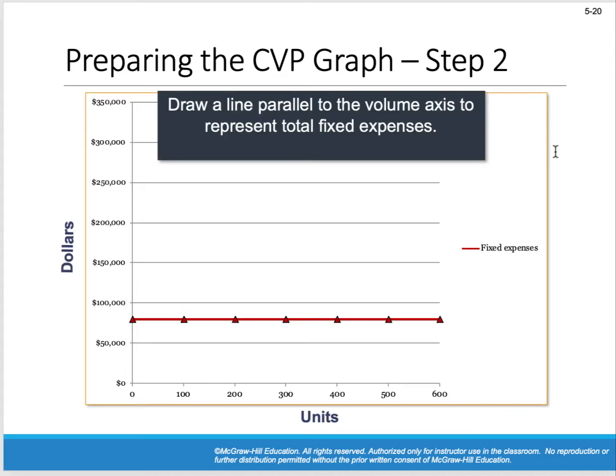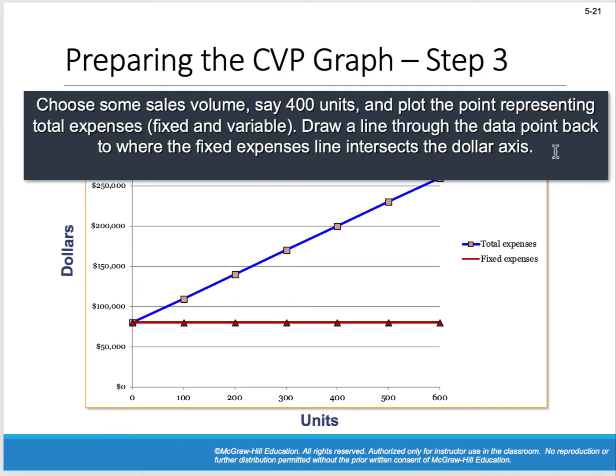First thing we do is draw a parallel line to the volume axis, and this helps us visually see what our fixed expenses are. Remember, fixed expenses in total never change. So we can see that if we sell 0 or 600 bikes, our fixed expenses are always going to be $80,000. We can assume that 0 to 600 bikes is our relevant range.